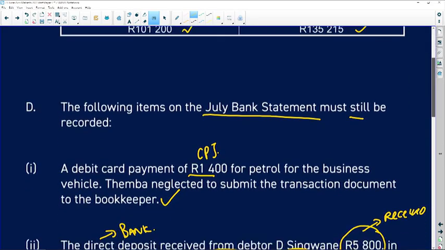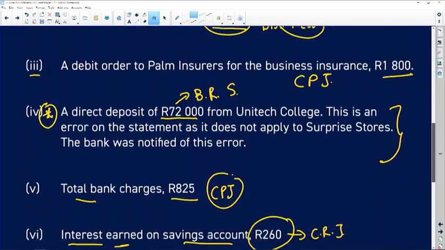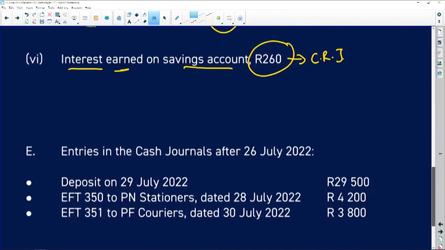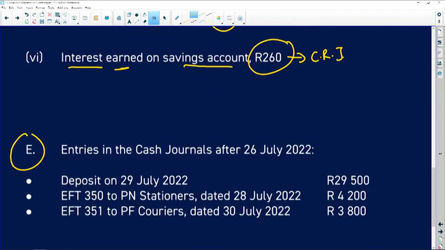Right, so if we look at information E, which we haven't obviously looked at thus far, so entries in the cash journals after the 26th of July, so in other words, after the bank closes their books. So there is one deposit on the 29th of July for 29,500. And remember, I need to take this to my bank reconciliation statement as an outstanding deposit.